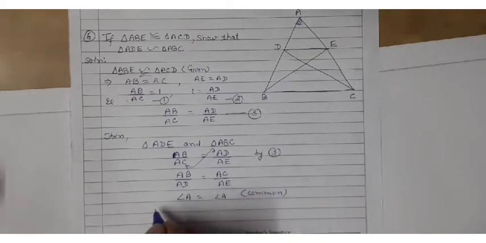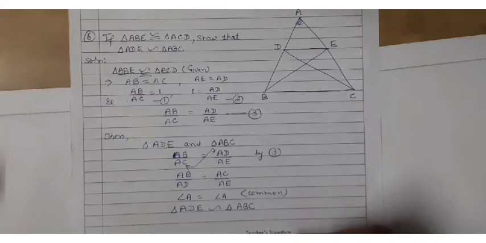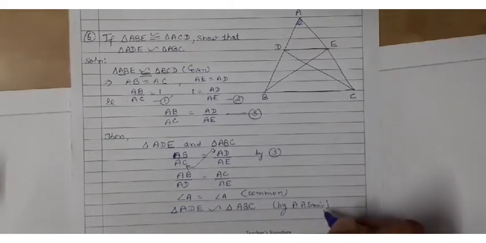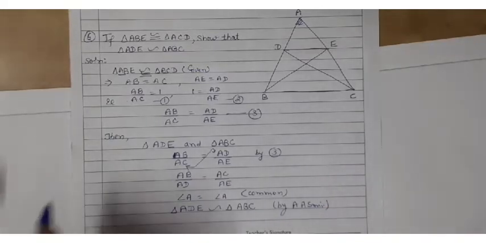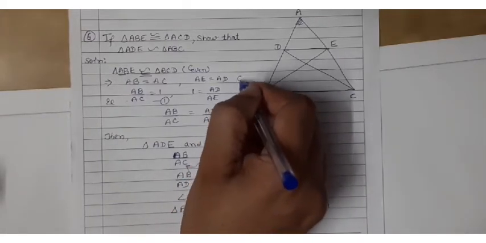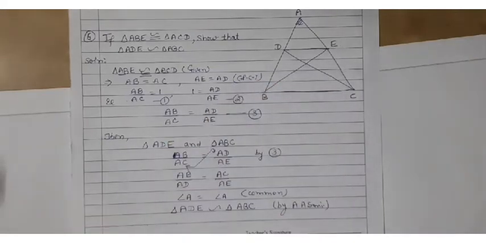Then triangle ADE will be similar to triangle ABC by AA similarity. And one more thing, this is given to you, we can say by CPCT.